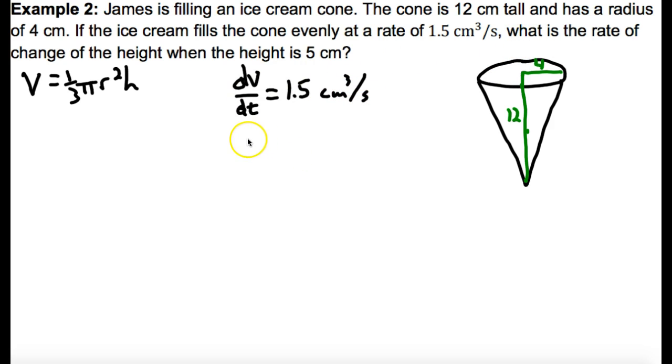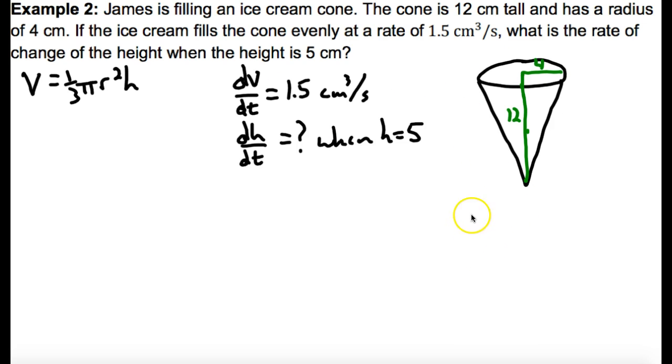I want to find the rate of change of the height, so I want to find dh/dt when h equals 5. Notice again, we're not given any information about the radius or the rate of change of the radius. So we need to use this same idea, similar triangles.